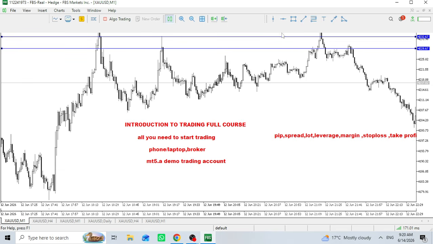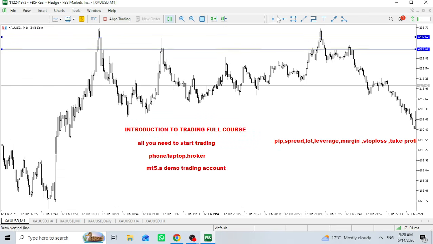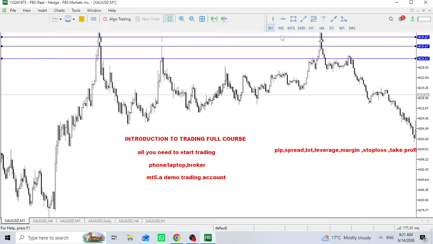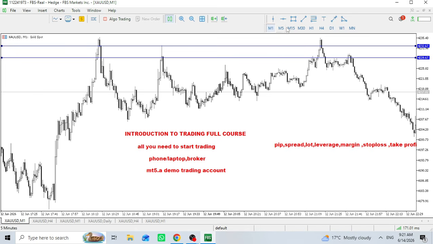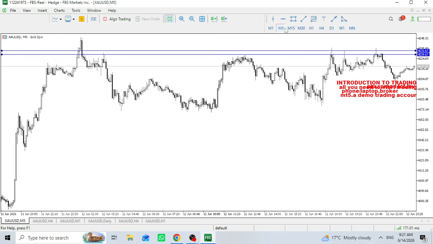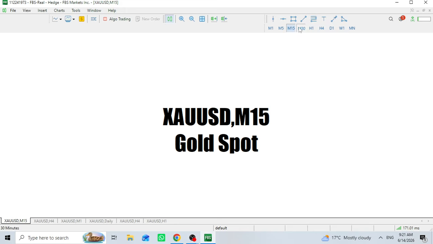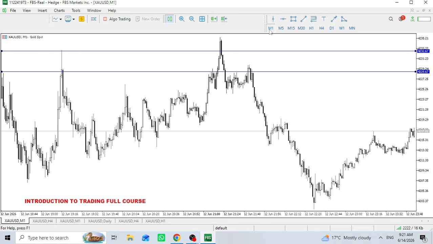If I click time frames, they disappear. If I right click again and click time frames, they come back. This is 1 minute, 5 minutes, 15, 30, 1 hour, 4 hour, daily, weekly, and monthly. That is how the time frames are.